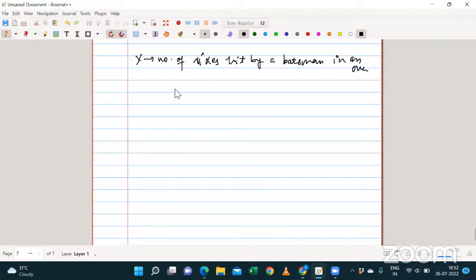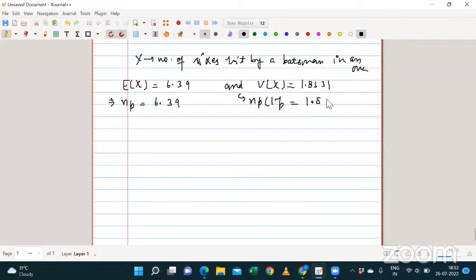My expectation of X is given as 6.39, which I can write as NP. Variance is also given, so I can write NP times 1 minus P equal to 1.8531.